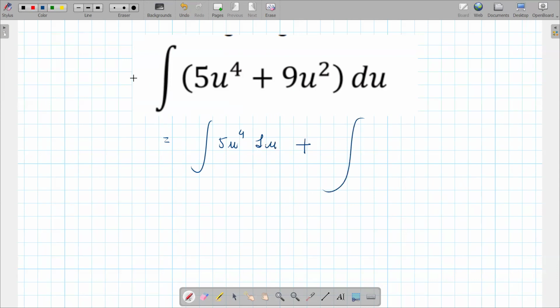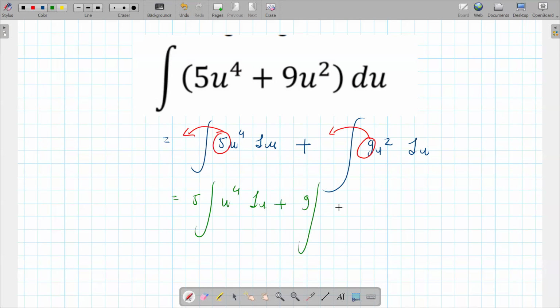Treat that as a bracket. Then you'll get 9u squared du. And because these are constants, you can pull them out of the integral. So you can even write it as 5 times the integral of u^4 du plus 9 times the integral of u squared du.